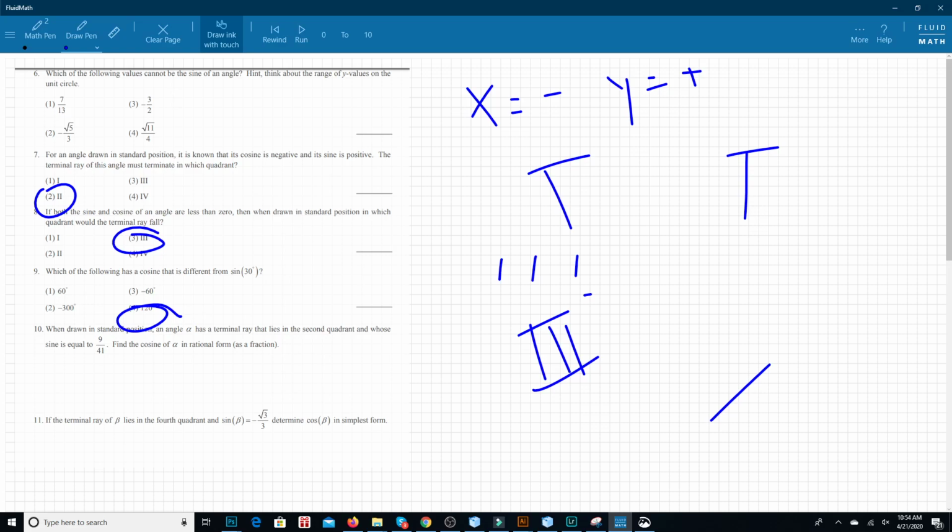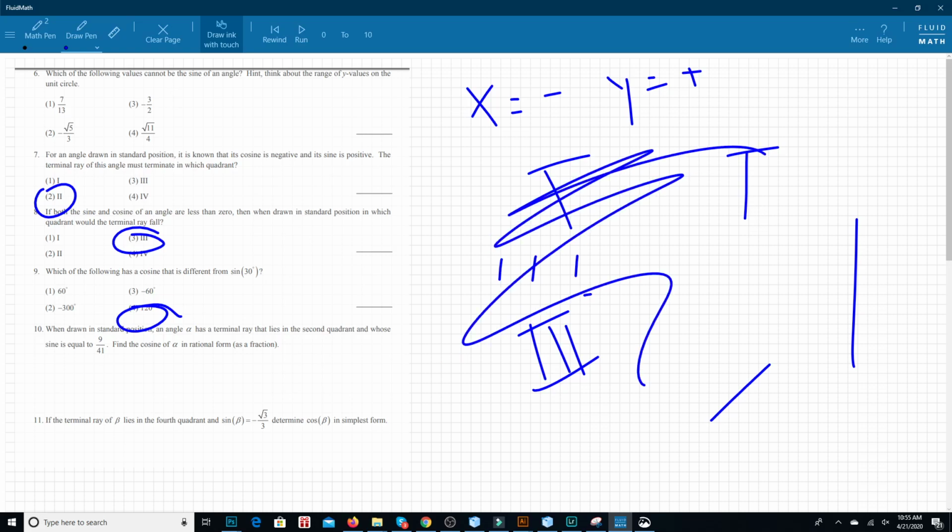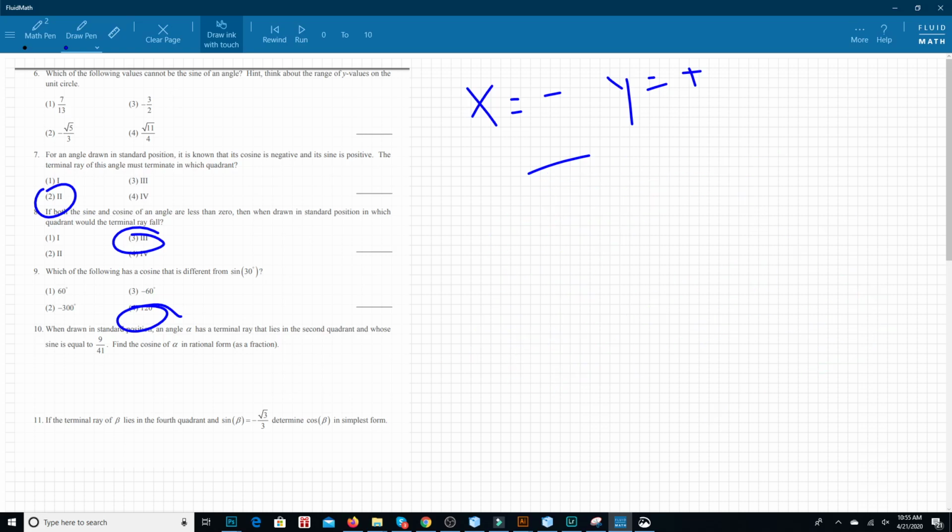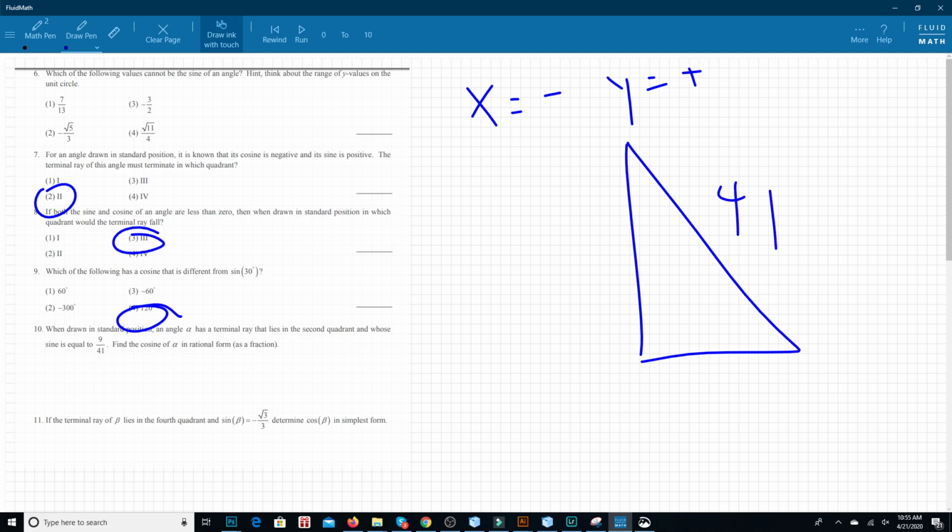Keep in mind what the sine is. Let me erase a lot of stuff right here. I'm drawing it right here. It's telling me the sine is 9/41, so I know my hypotenuse is 41, and the opposite side is 9.